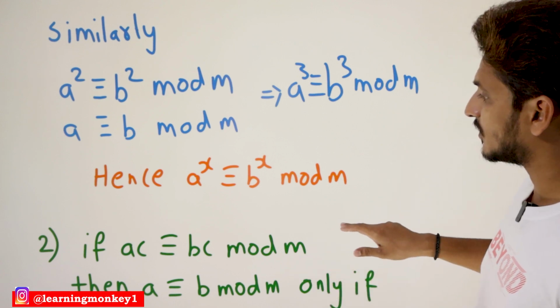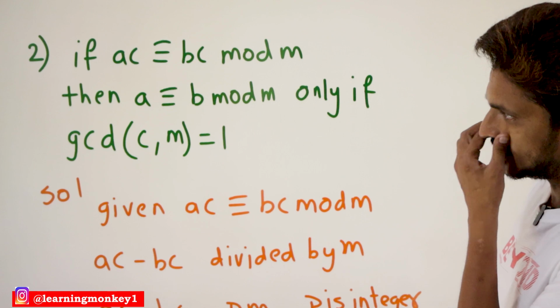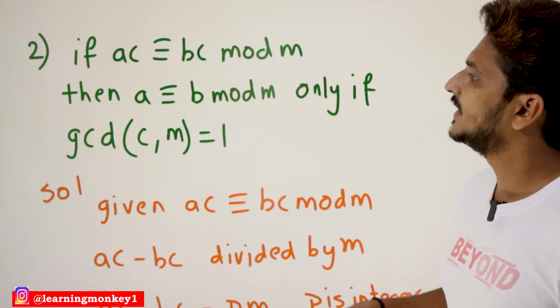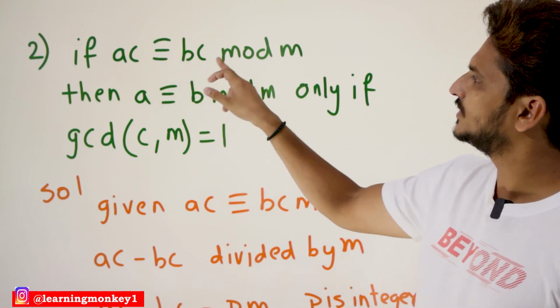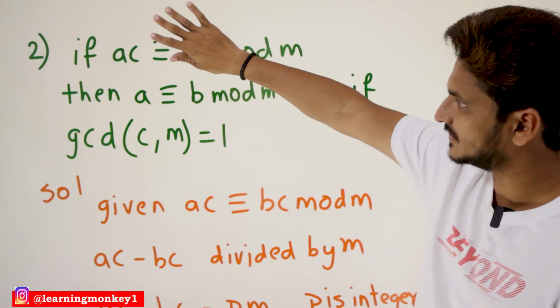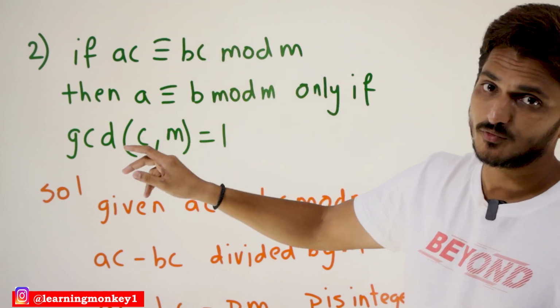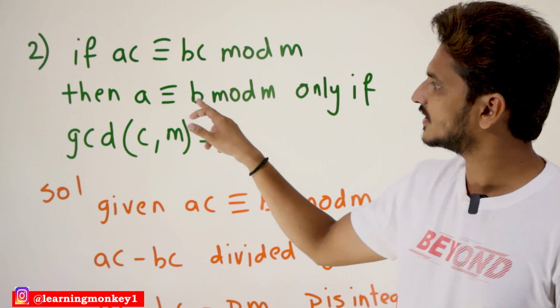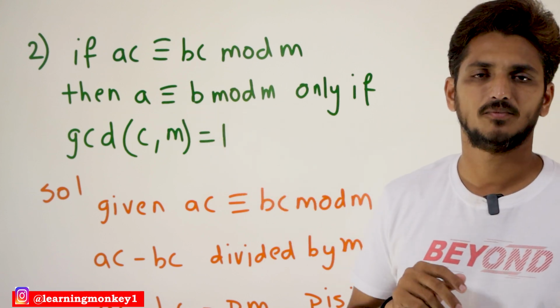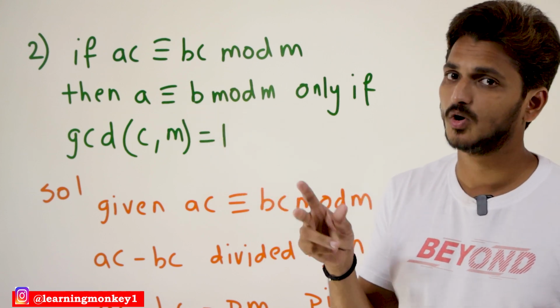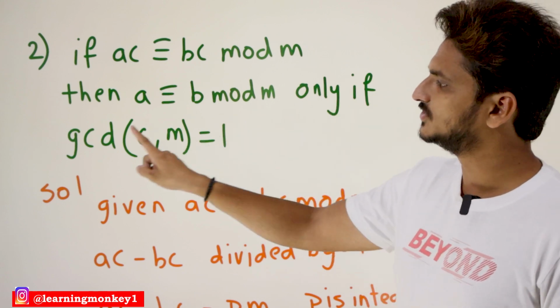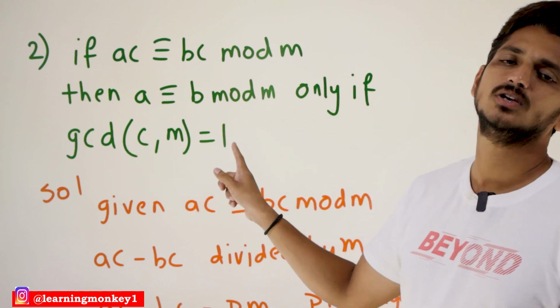Now coming to the second property, this is very important to understand and a bit confusing also. If AC congruent to BC modulus M, if this happens, then we can say that A congruent to B modulus M. We can say that A congruent to B modulus M only if GCD of C comma M is equal to 1.